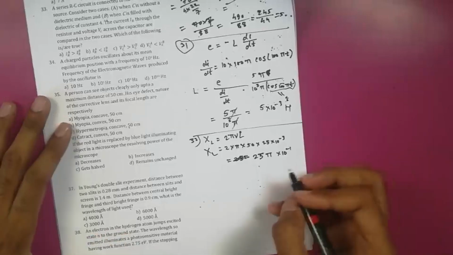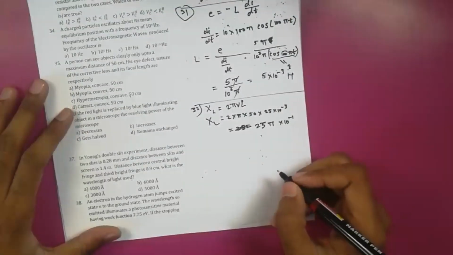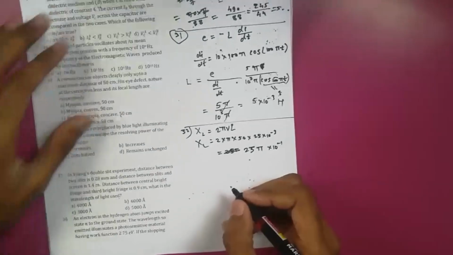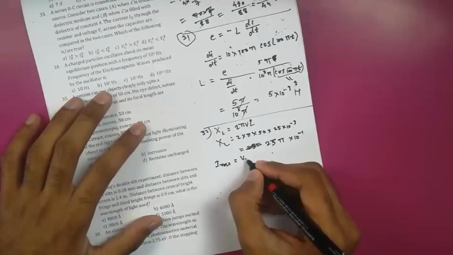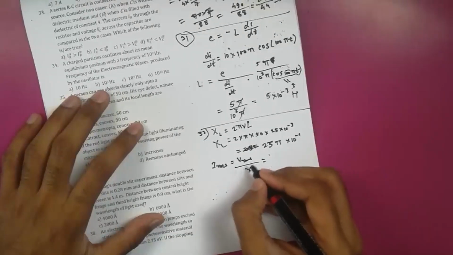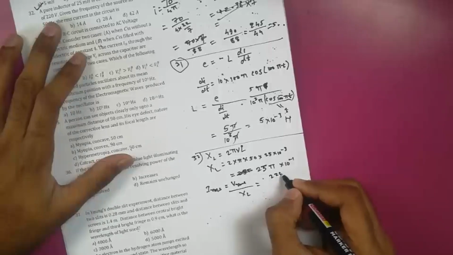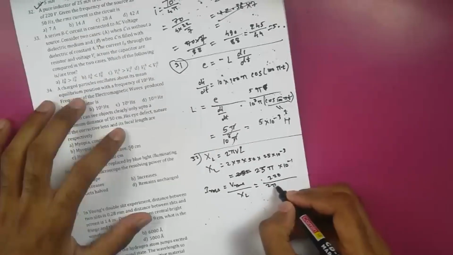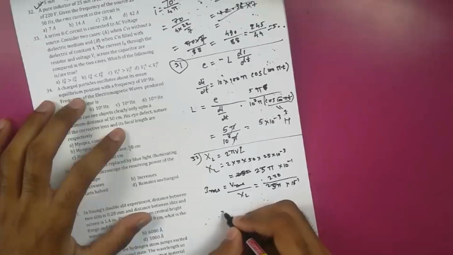And now to find the RMS current in the circuit, we know that the RMS current IRMS is given by VRMS upon XL. Now in this case, VRMS, that is the voltage in the circuit, is 220 divided by this 25 pi into 10 to the power minus 1.